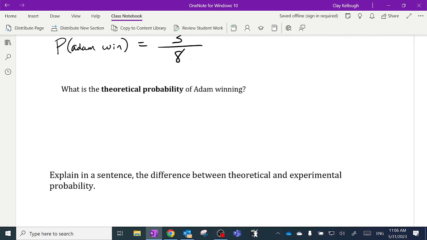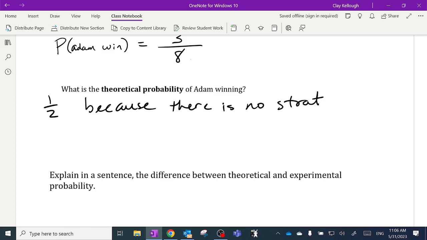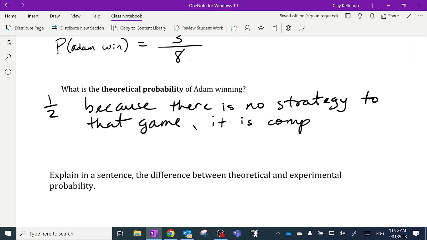So the theoretical probability is 1 out of 2, and you could say because there is no strategy to that game, it is completely dependent on the roll of the die.